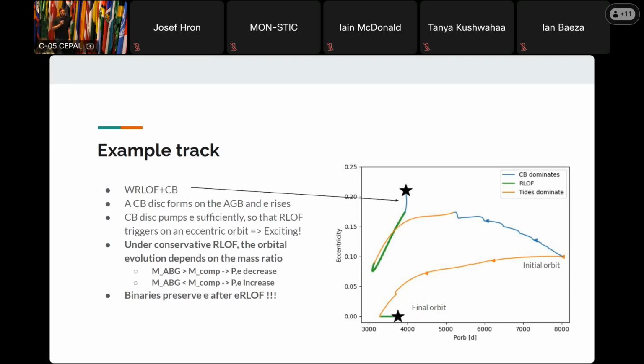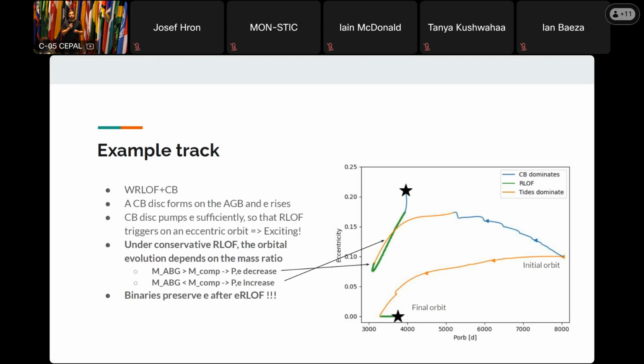The orbital evolution is also quite interesting. Here, under the assumption of conservative Roche lobe overflow, meaning that basically all the matter from the AGB is transferred to the companion and nothing leaves the system, the orbital evolution will depend on the mass ratio. First, when the AGB is still more massive than the companion, the period and the eccentricity will decrease.